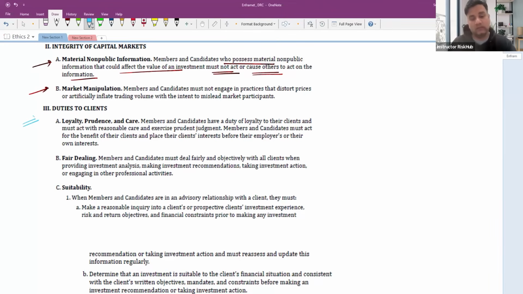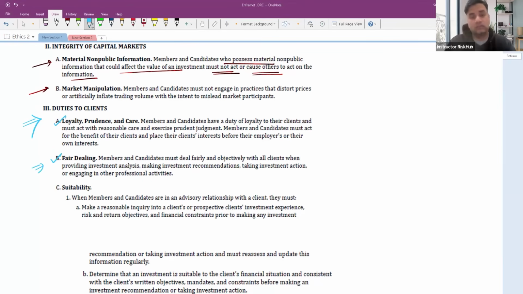Then the next part is duties to clients, right? Which is loyalty, prudence, and care. You put the client first, you use reasonable judgment, and the employer always comes second, right? Keep that in mind. You should have fair dealing. Fair dealing means equal treatment of clients, no preference to one client over another, no cherry picking.